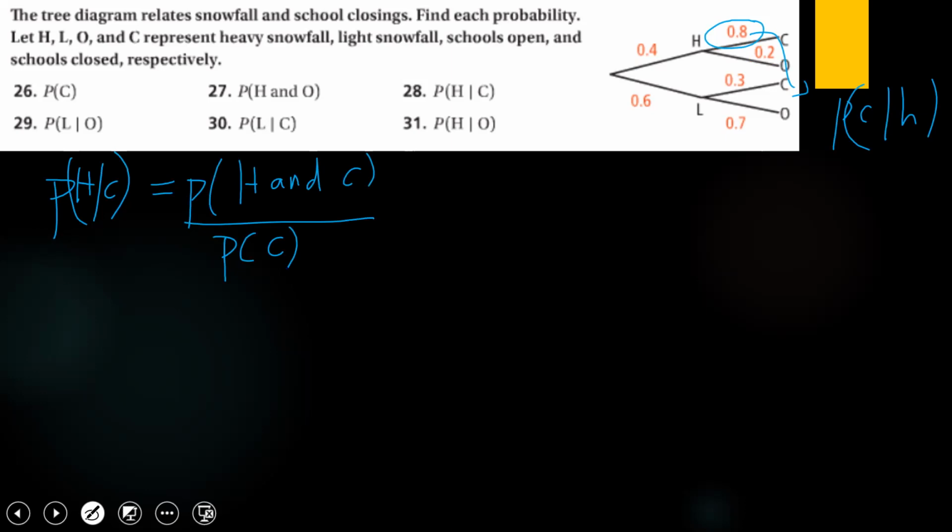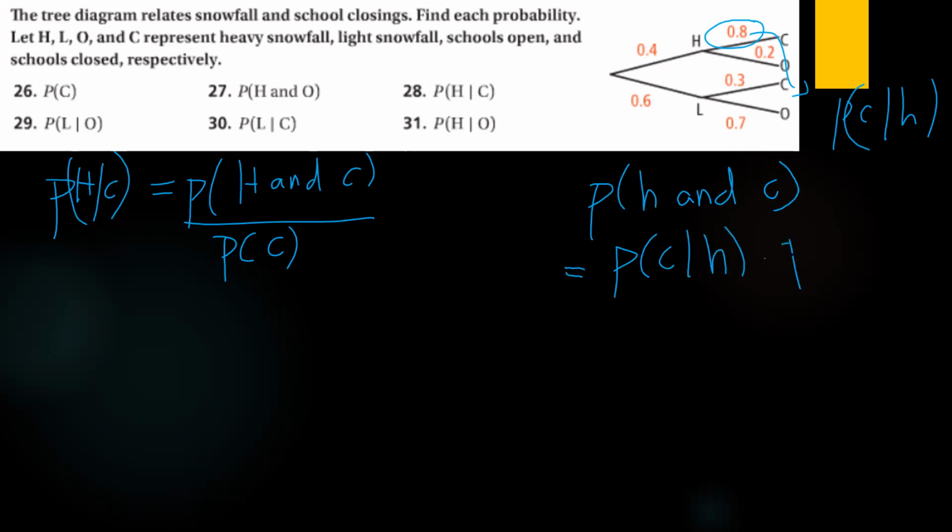From where can I bring the probability of H and C? I need to find the probability of H and C. I have to use the probability of C given H times the probability of H. I will repeat.